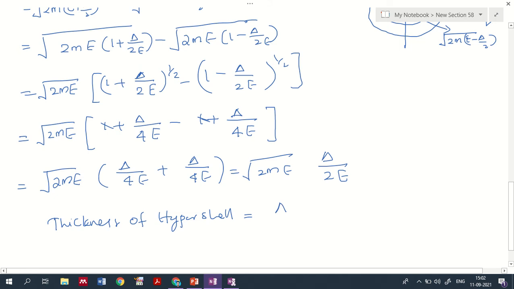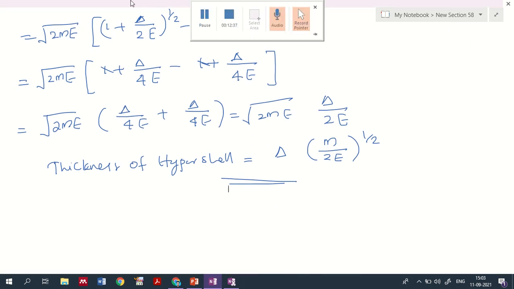So I can represent this as delta into m by 2e raised to 1 by 2. So this is the thickness of the hypershell we will be getting in this fashion: delta into m by 2e raised to 1 by 2.